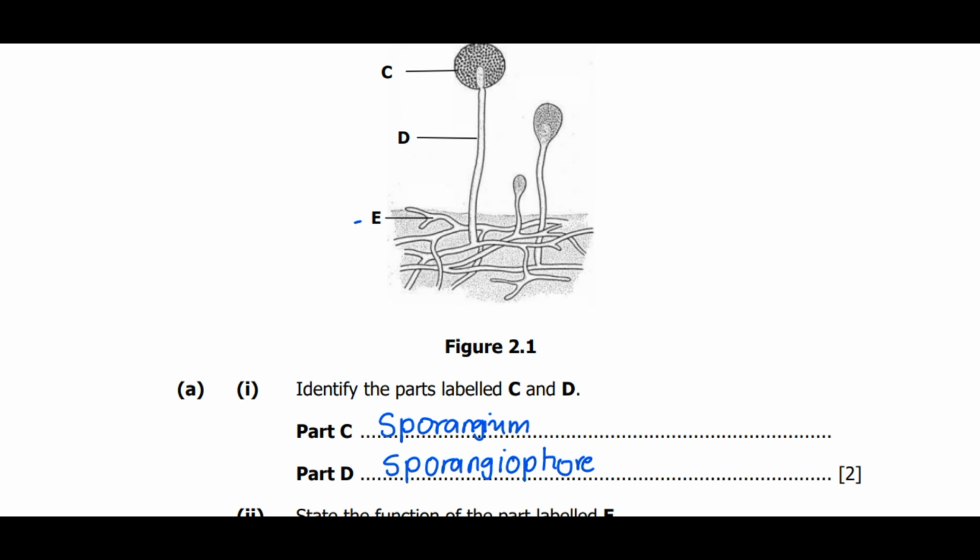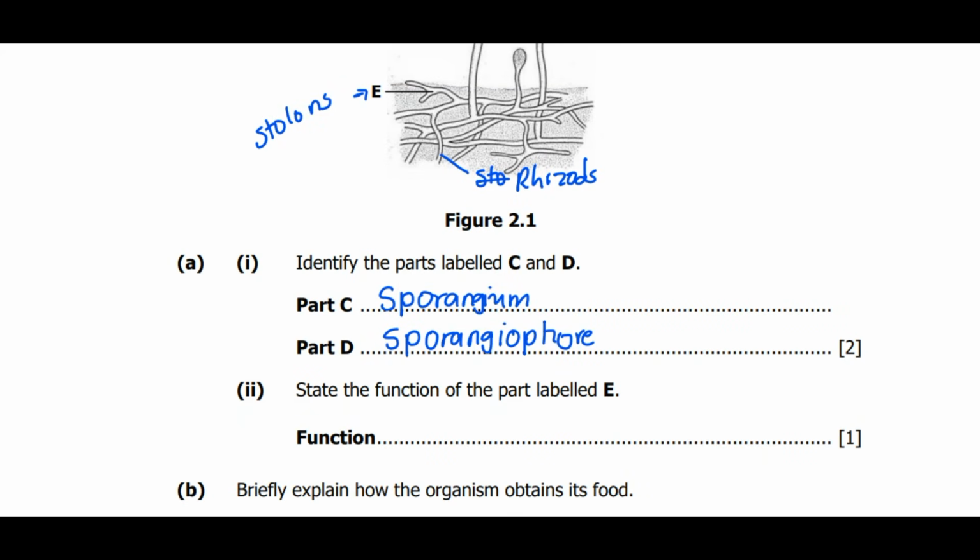Then for structure E, these are stolons. The stolons are horizontal, while the ones that are vertical, like this one, are rhizoids. Now we can move on to question Roman number 2. State the function of the part labeled E. The part labeled E is the stolons.